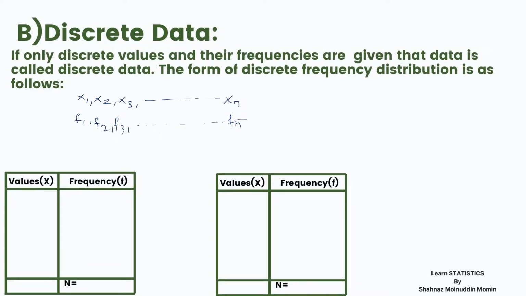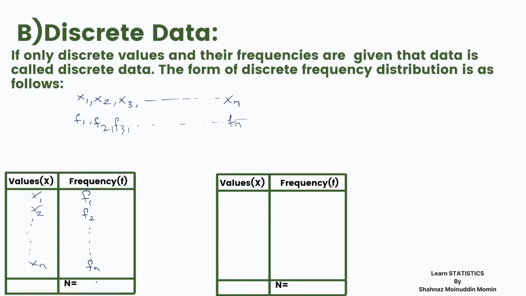Suppose we are given the values of x as x1, x2, xn with frequencies f1, f2, fn.